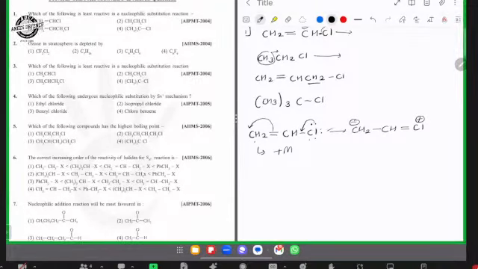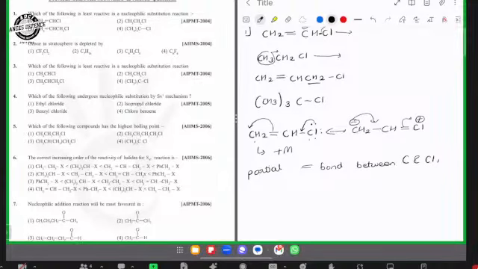So we get a hybrid structure. Again, this negative part will come over here and get stabilized. That's why vinyl chloride is least reactive towards nucleophilic substitution.